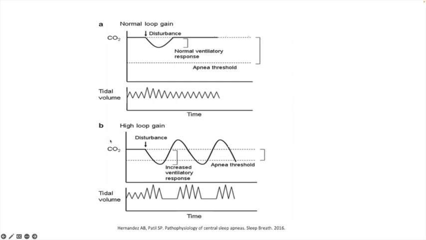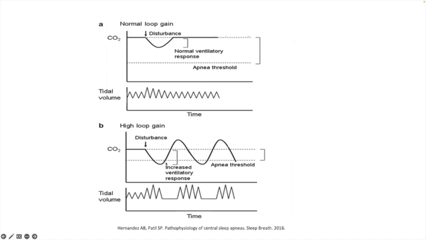Now in the bottom here, we have an example of a high loop gain. So here's our carbon dioxide level at steady state up until this moment of disturbance. The carbon dioxide level starts to decrease and it actually surpasses the apneic threshold. This is followed by an apnea. During this apnea, the carbon dioxide level starts to increase. Now remember, in a high loop gain model, the chemoreceptors are highly sensitive to changes in the carbon dioxide level outside of steady state.